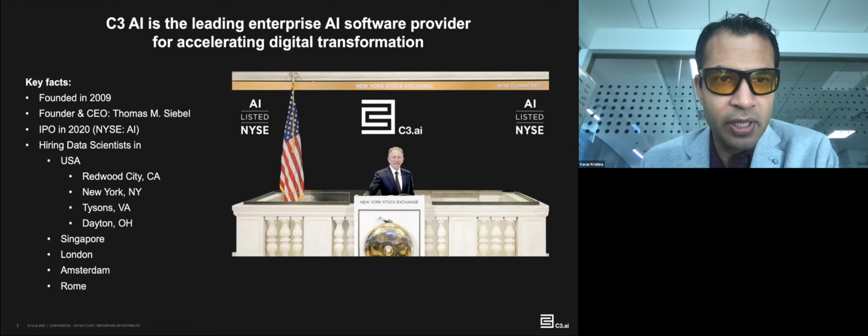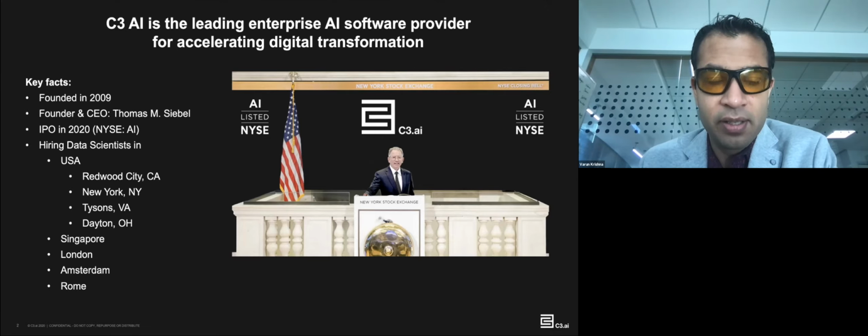Our founder and CEO, Tom Siebel, who you can see in the picture here, is a celebrated industry veteran who invented customer relationship management. Our company went public in December of 2020 under the ticker symbol AI. And we are hiring data scientists in multiple locations in the United States.